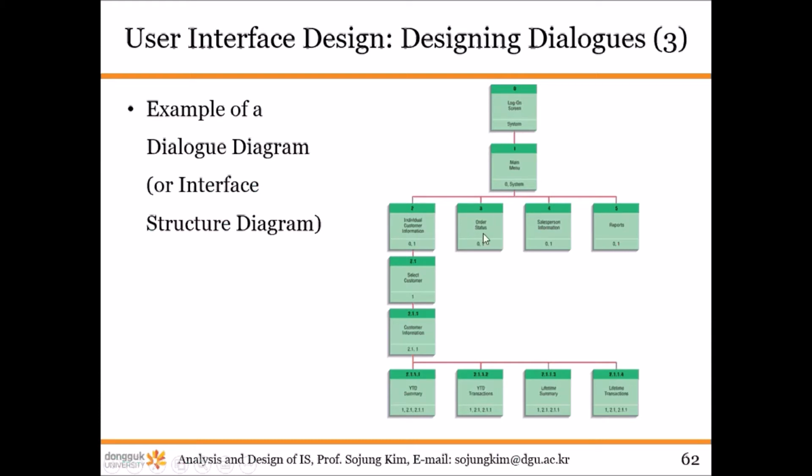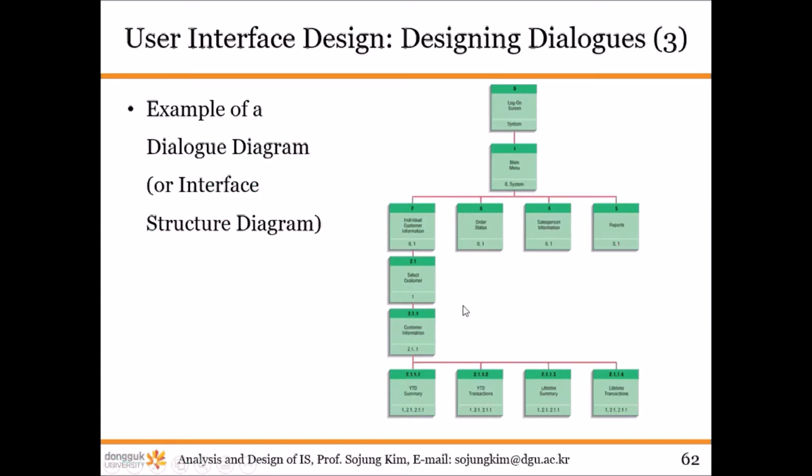It can have fewer menu dialogues under this main menu. And anyway, under individual customer information, it has select customer and the customer information, and then subsections of the customer information. All right.